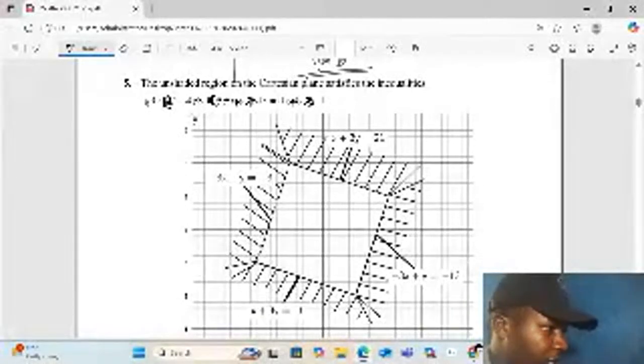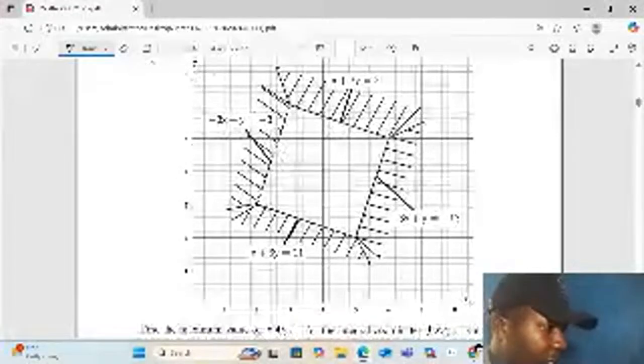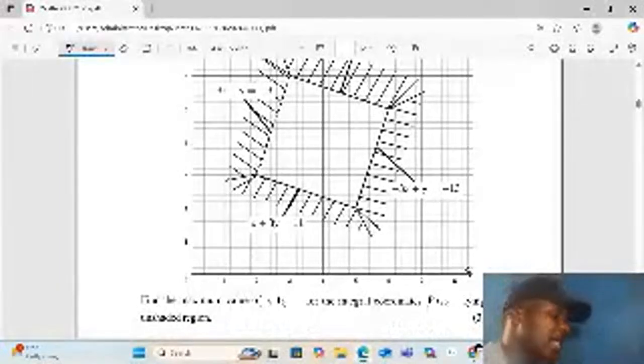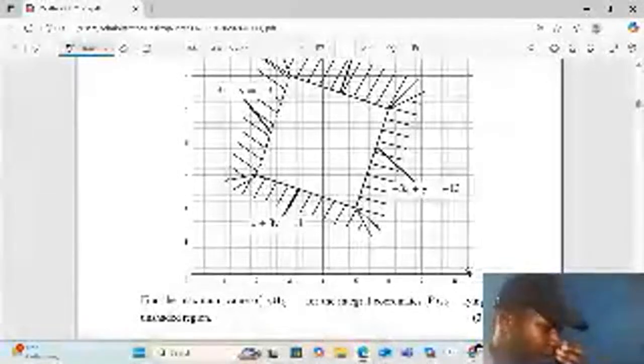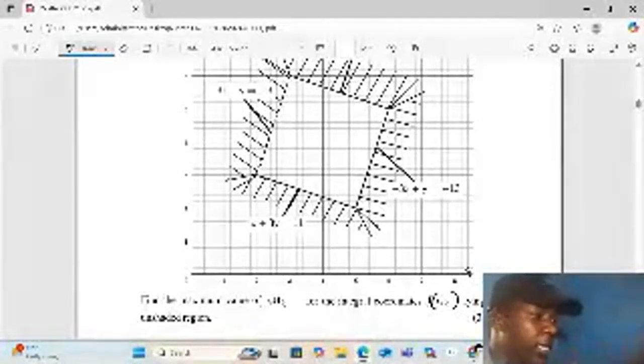Now we can look at the question. That is the graph. The question reads, find the maximum value of x plus 4y for the integer coordinates where p is x, y lying in the unshaded region.